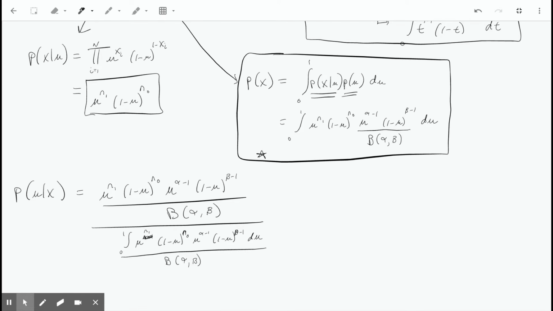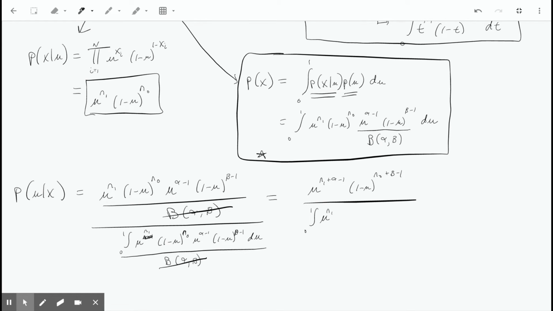Now, you'll notice right away that these cancel out, which is nice. So let's keep going, and let's simplify a little bit. So we get in the numerator mu to the n1 plus alpha minus 1, 1 minus mu to the n0 plus beta minus 1. So just combining those two exponent terms, dividing by this integral, and we'll even combine again in the integral.